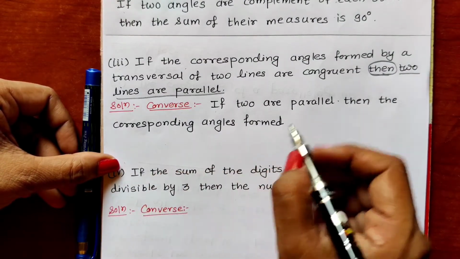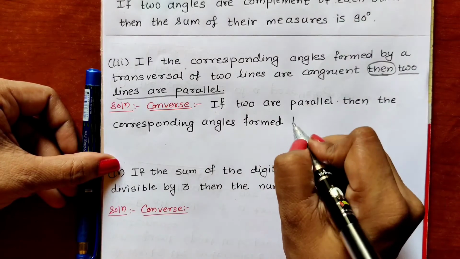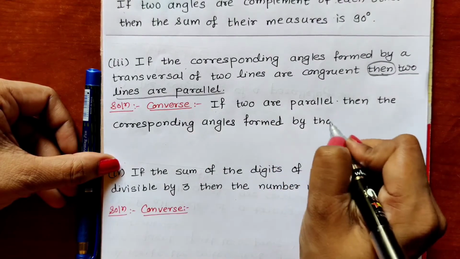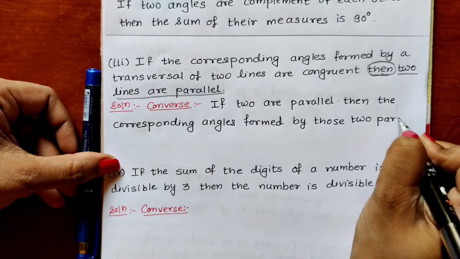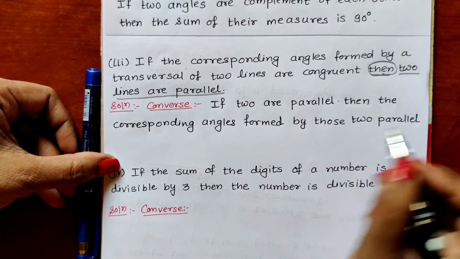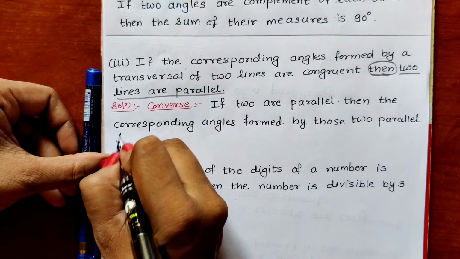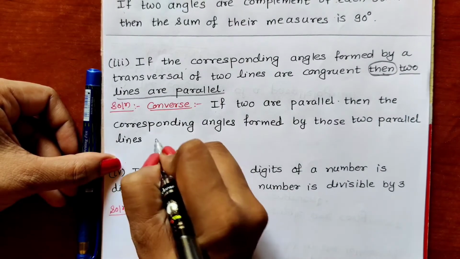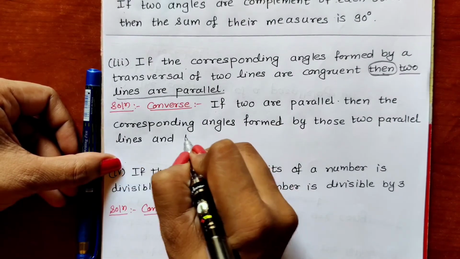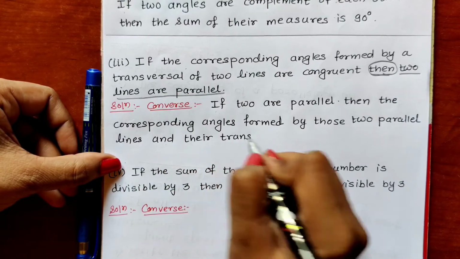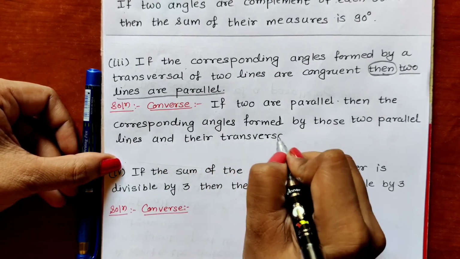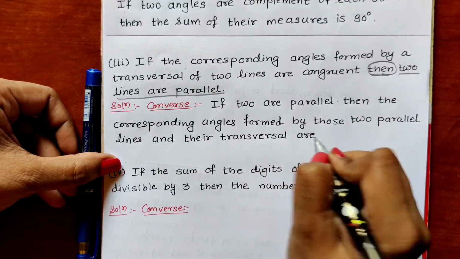Then the angles formed by those two parallel lines and their transversal are congruent.